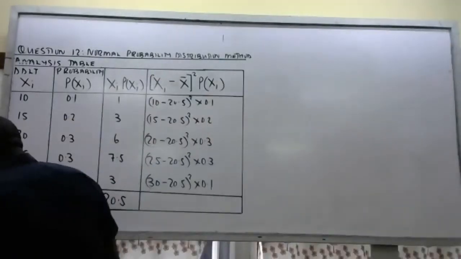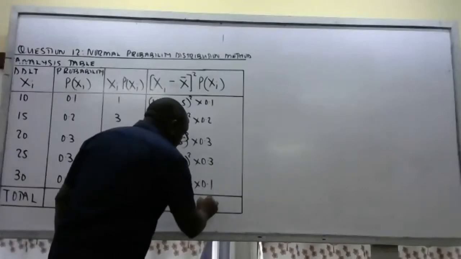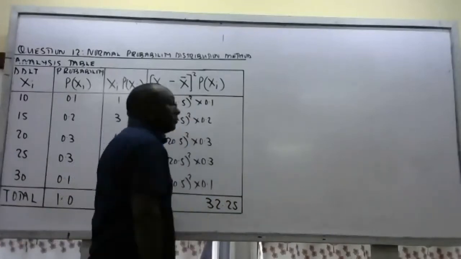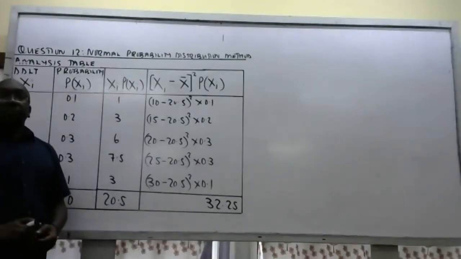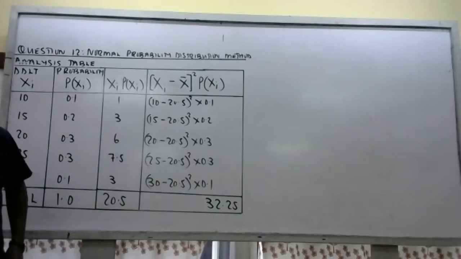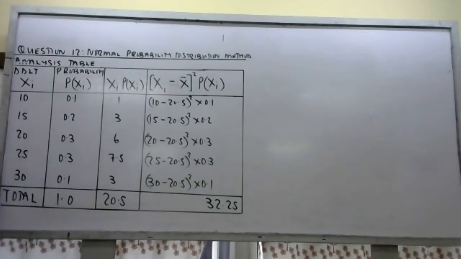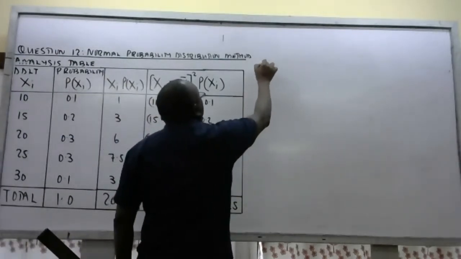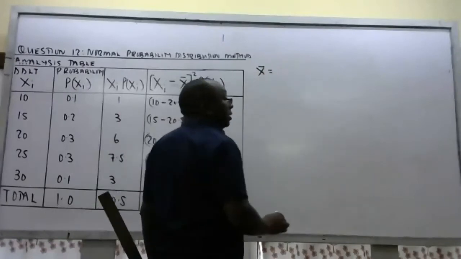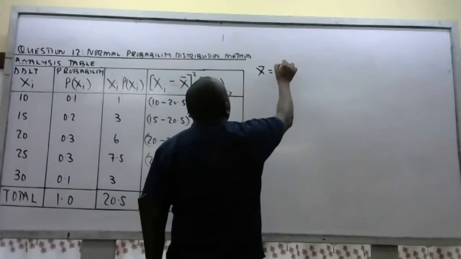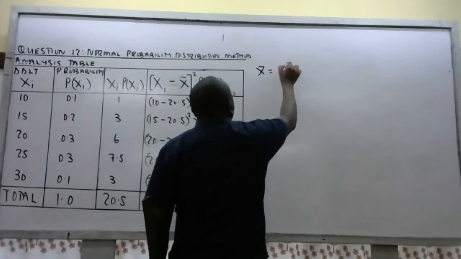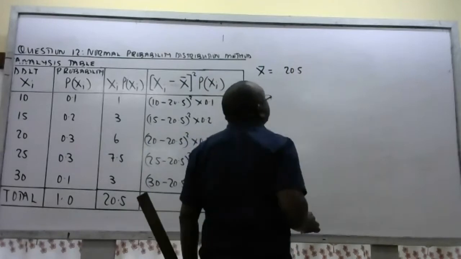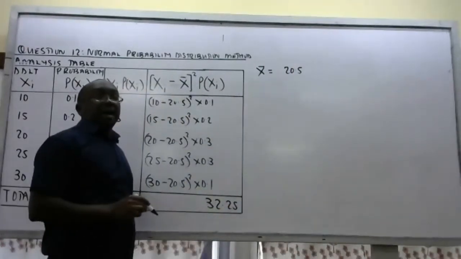That's 2.25. Someone else to confirm? Okay. So X bar, we know it is 20.5.